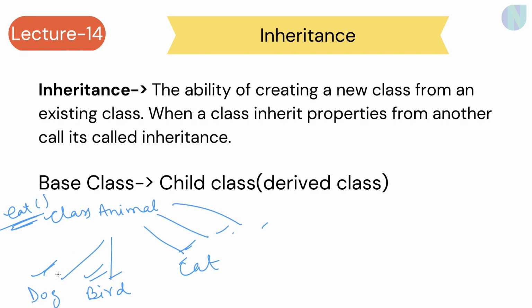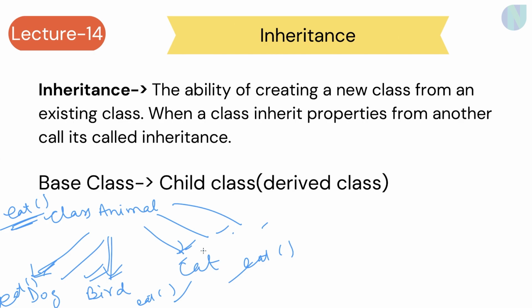But if I am not deriving dog's property from class animal, or bird's property, or cat's property, I have to explicitly mention the eat property here as well, and here as well, and here as well. So you can see that there will be much duplicacy of code, and there could also be chances of errors and much more.